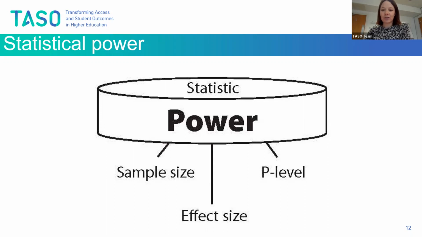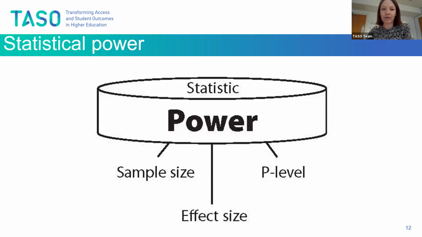Essentially, to be able to conduct a randomized control trial, we need to think about statistical power. And statistical power is a measure of likelihood. It's essentially the likelihood that a researcher will find statistical significance in a sample if that effect does actually exist in the real world, the real population.